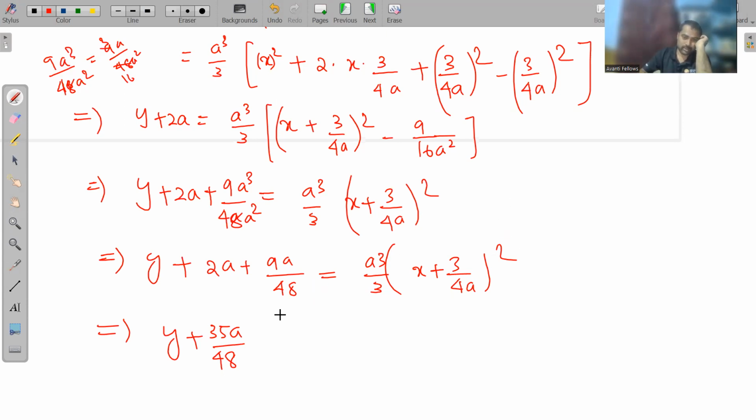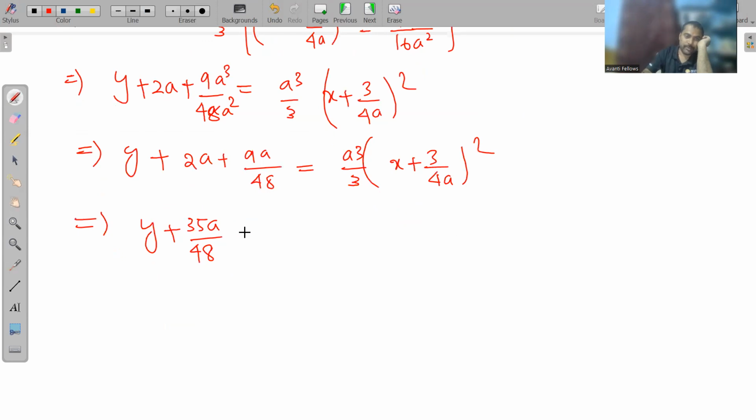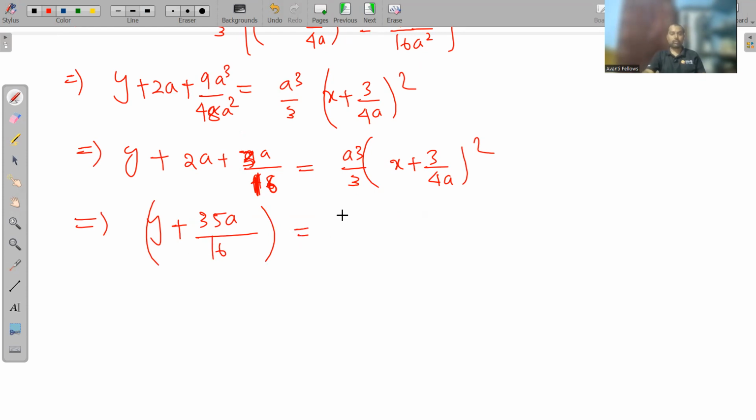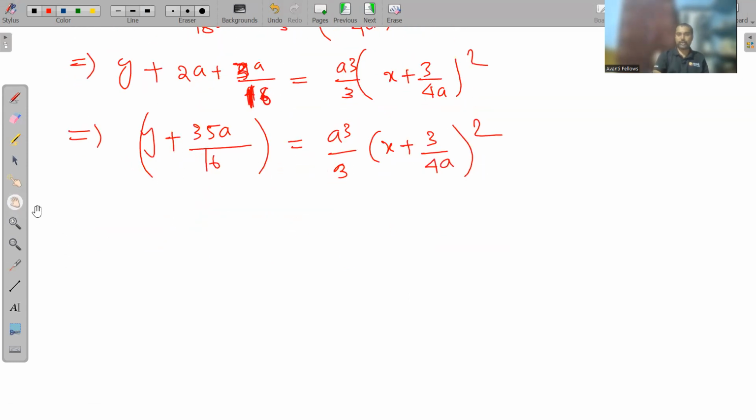Okay, that is right. 3a by 16. If you simplify it, you will get 3a by 16, and finally we will get y plus 35a by 16 is equal to a cube by 3 into x plus 3 by 4a whole square. Okay.